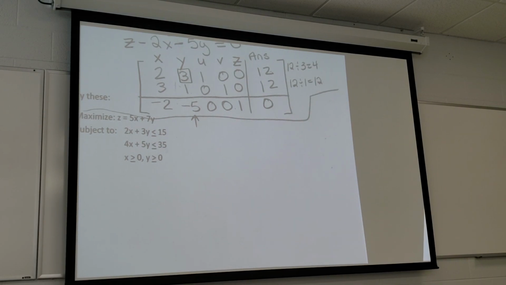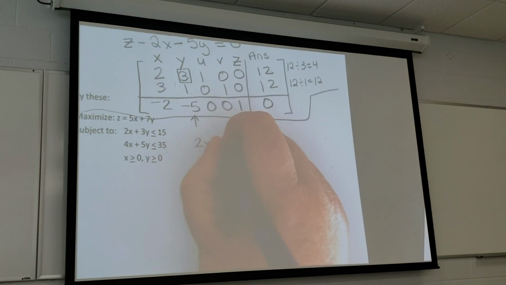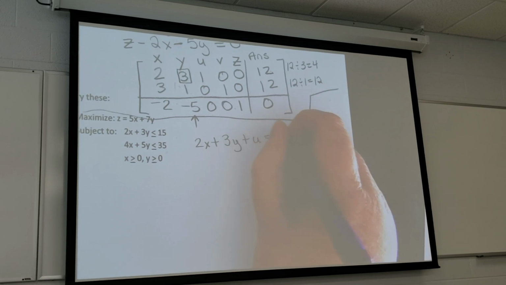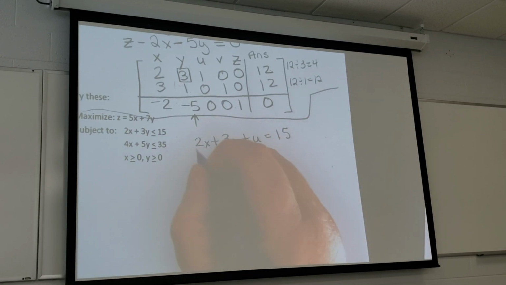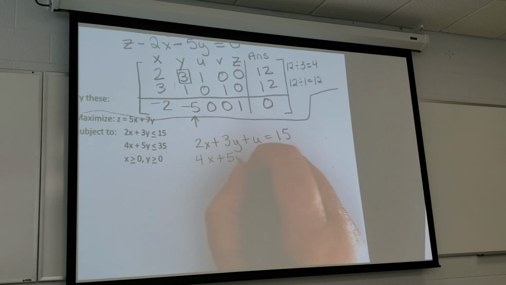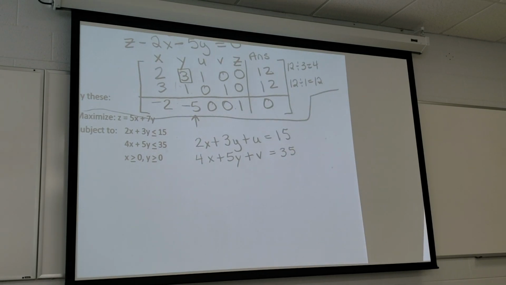Step 1, rewrite the inequalities using slack variables. So I have 2x plus 3y plus u is equal to 15. 4x plus 5y plus v is equal to 35. Not done.